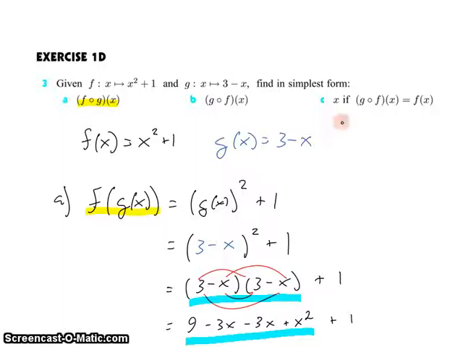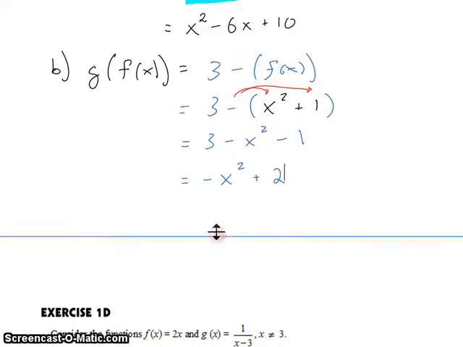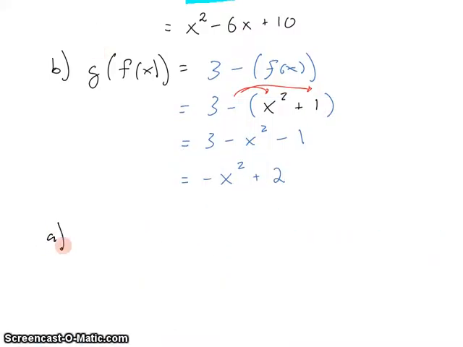All right, the last part says to find the value of x if this is true. Find x if g of f of x is equal to f of x. Well, I know what g of f of x is now, and I know what f of x is. So I can try and equate the two and solve them for x. So let's start by setting up what they gave us in the question. They said that g of f of x is equal to f of x.